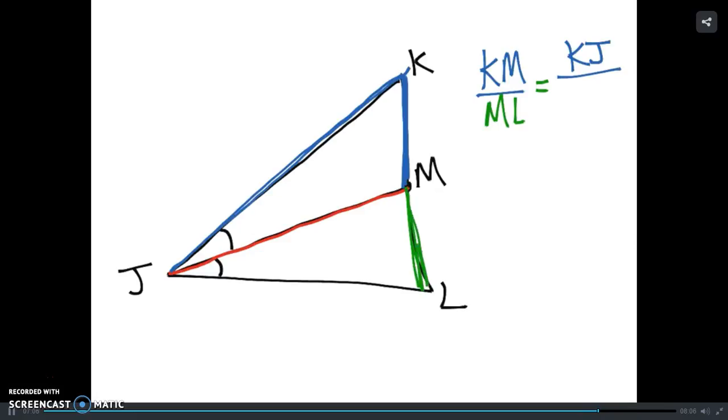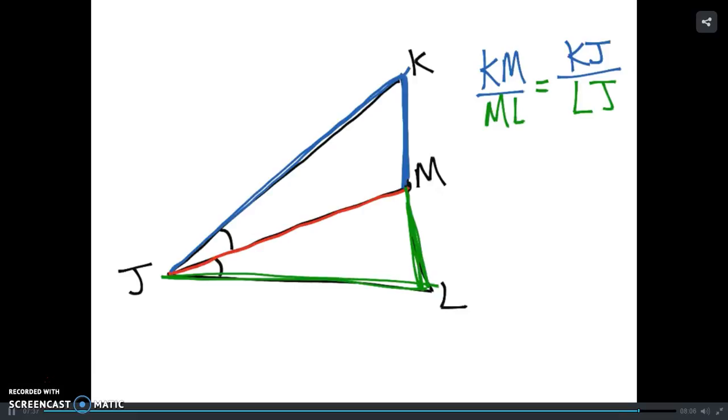And ML over here, this piece of that line segment, touches JL down here, or LJ, doesn't matter which order. Okay, but so it has to be on the bottom where ML is. Okay, now obviously these could be flipped and that would be fine, but it's important that if you put KM on top, that KJ is on top of the other half of that proportion, and if you put ML on bottom, that LJ is on the bottom of the other half of that proportion.